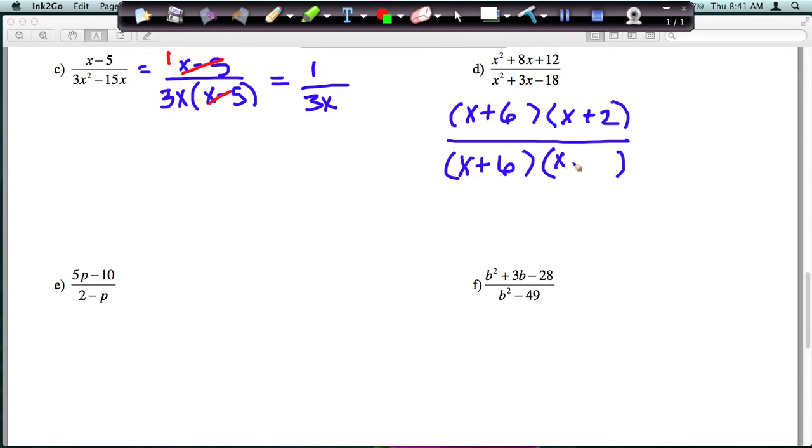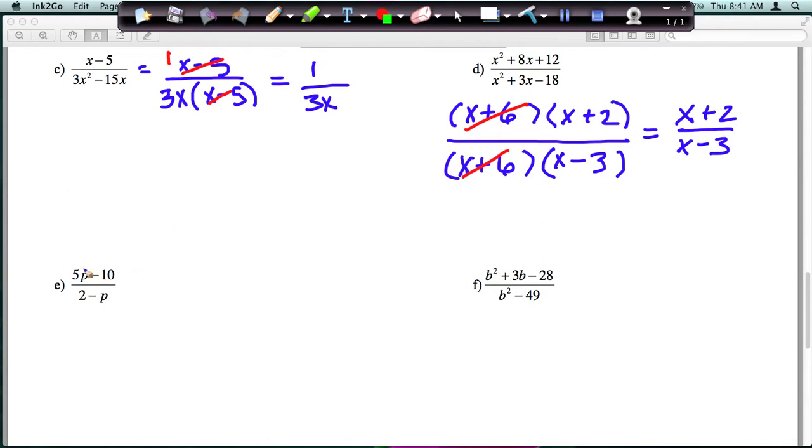So this needs to be a negative 3 to give me a negative 18. And 6 plus negative 3 adds to be 3. So this is factored. These multiply to be negative 18 and add to be a positive 3. I can then cancel my x plus 6's. And I get x plus 2 over x minus 3.